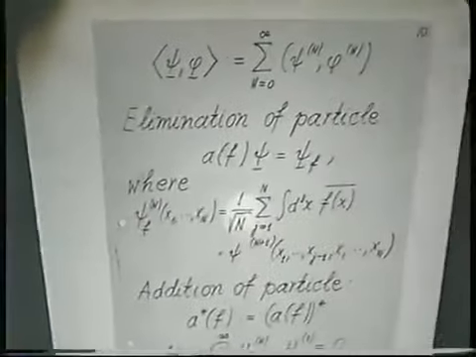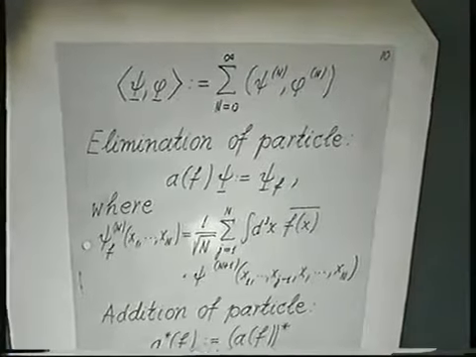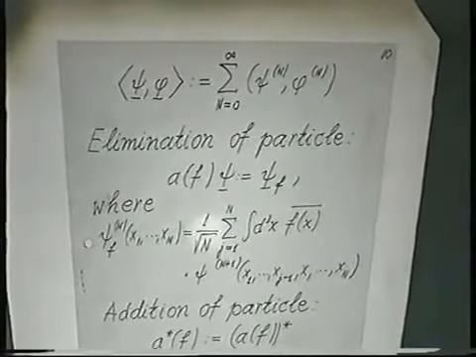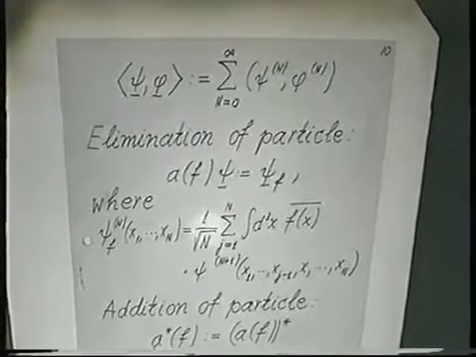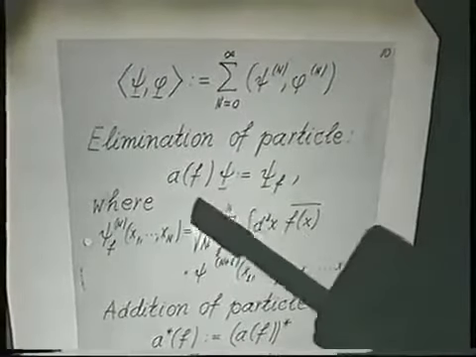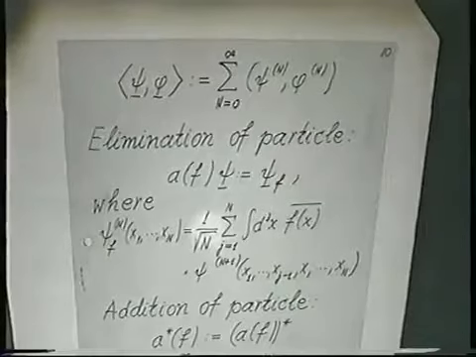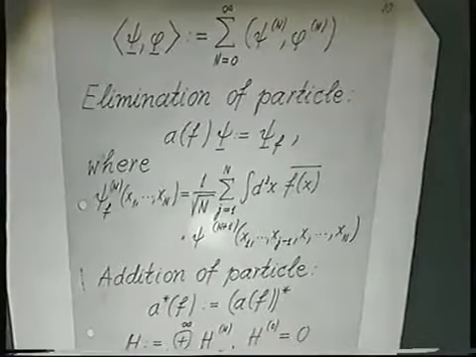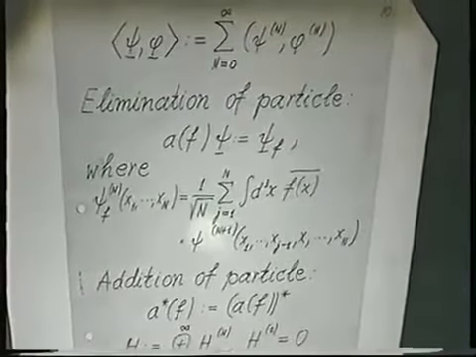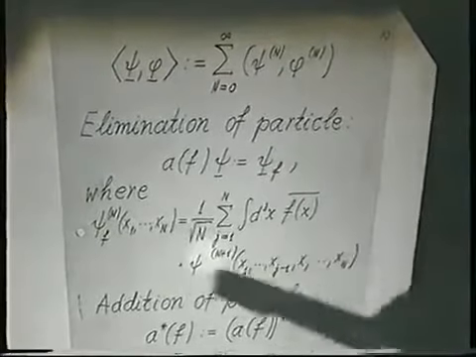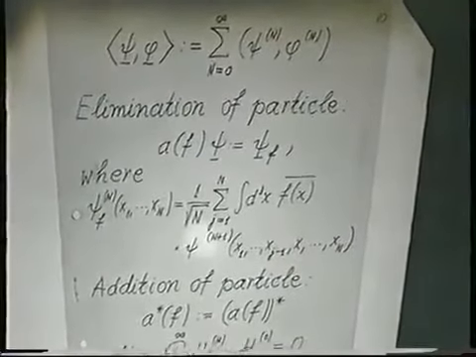Here is the scalar product on Fock space. Then if we want to destroy or eliminate a particle, we do that by applying an annihilation operator to the state vector psi. And I have defined how annihilation operators act on vectors in Fock space in the next line. This is all completely standard material.